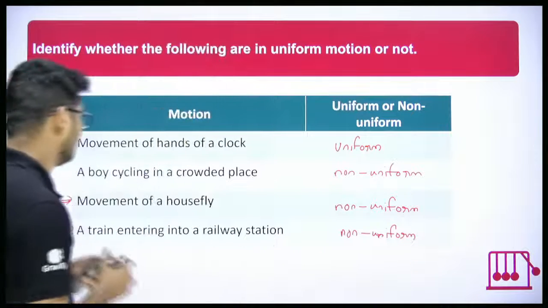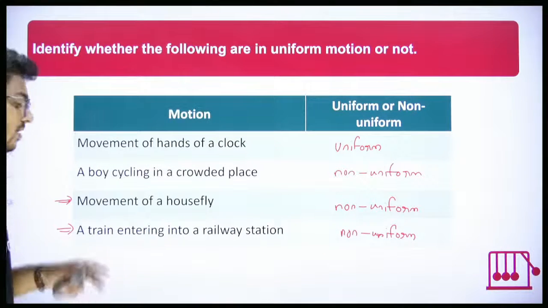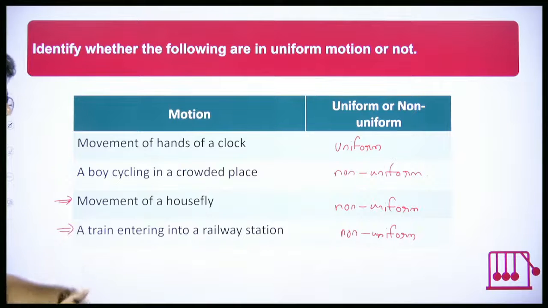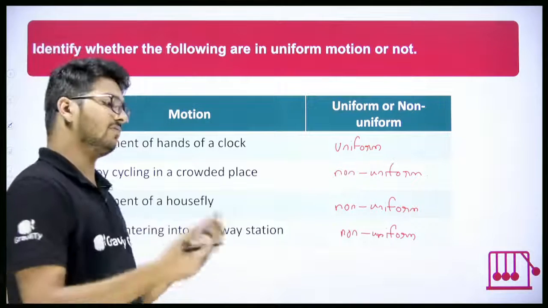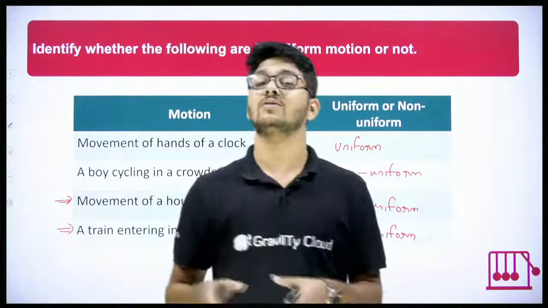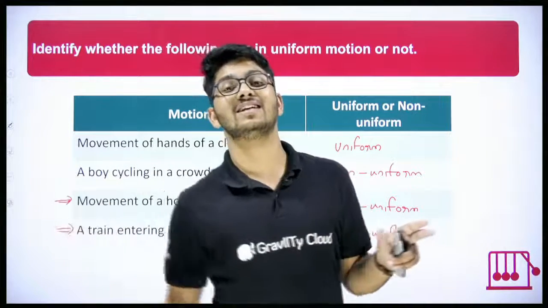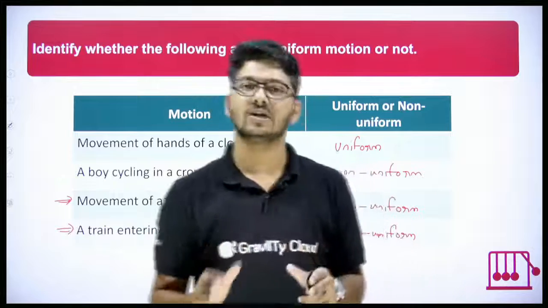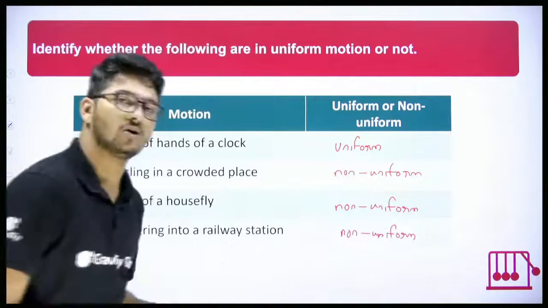If at the beginning its speed was, let's say, 60 km per hour, the driver applies the brakes and speed decreases: 60 to 50, 50 to 40, 40 to 30, 30 to 20, 20 to 10, 10 to 0. Speed is decreasing, so speed is not constant.